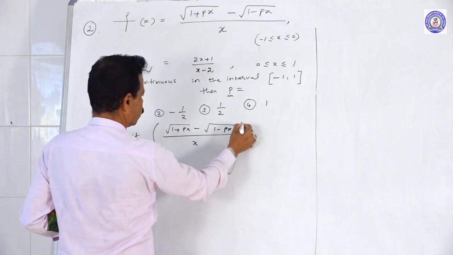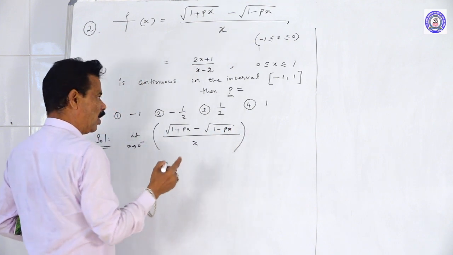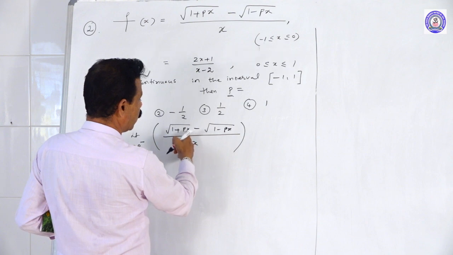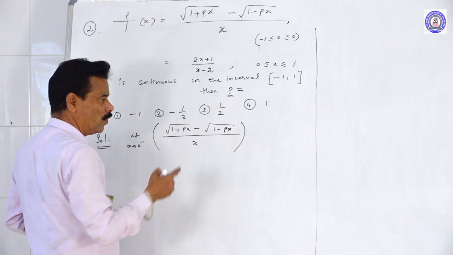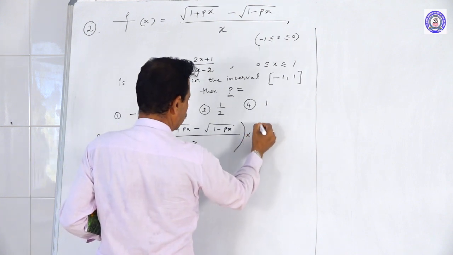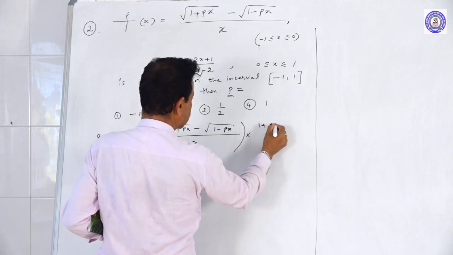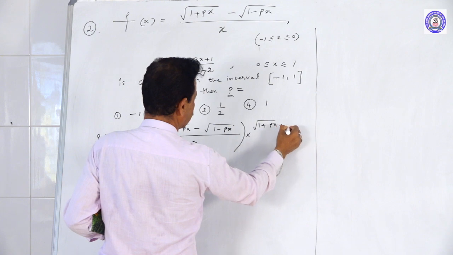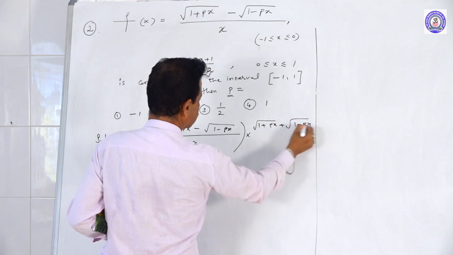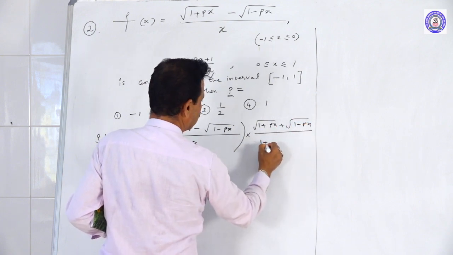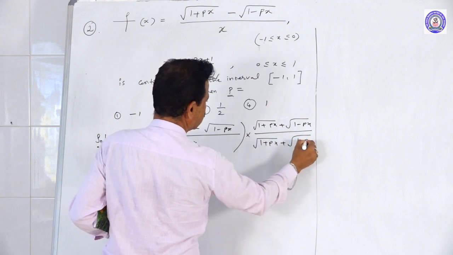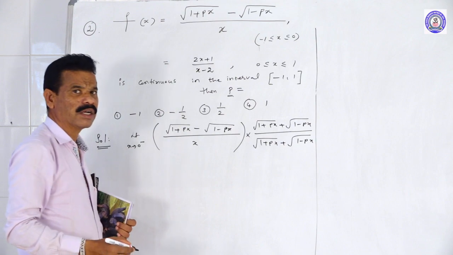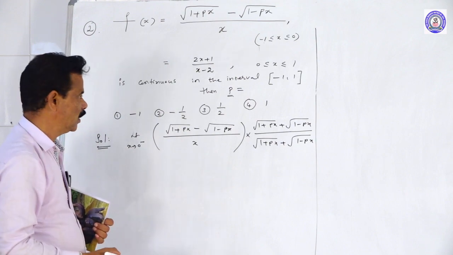This function we multiply at the same time by, since both are roots, for the cancellation of roots we take the rationalization: (root of 1 plus px plus root of 1 minus px) by (root of 1 plus px plus root of 1 minus px). This is called the rationalization method.